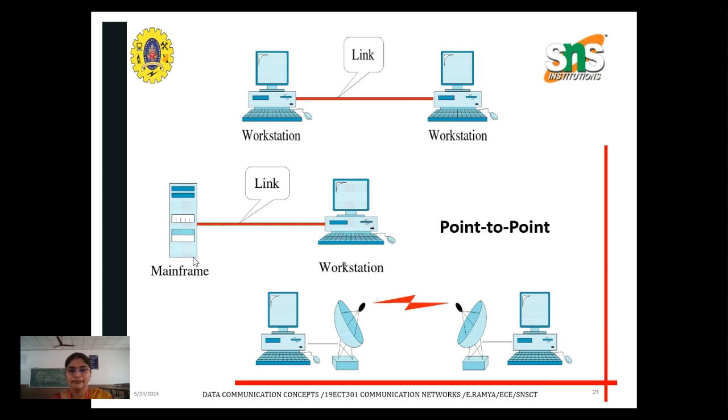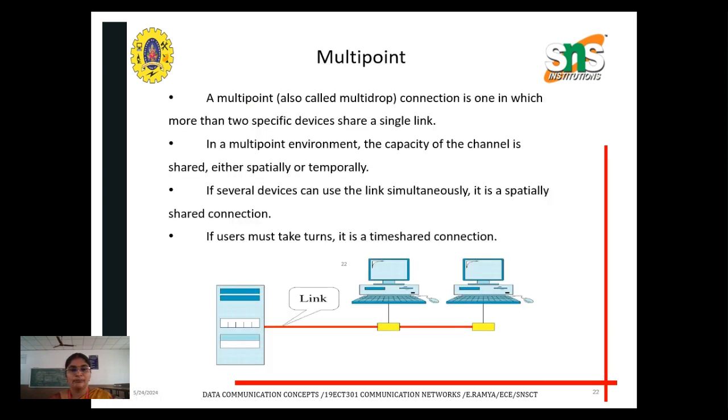A mainframe and workstation connected by a link is a point-to-point network. Now, multipoint network. A multipoint, also called a multidrop connection, is one in which more than two specific devices share a single link. In a multipoint environment, the capacity of the channel is shared either spatially or temporally.